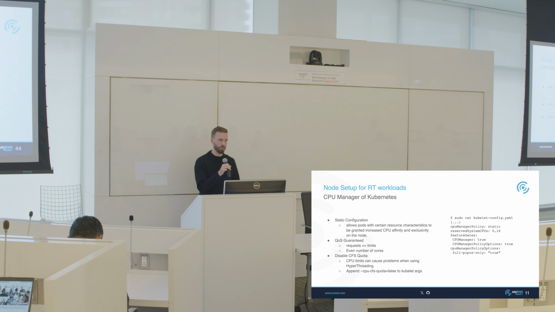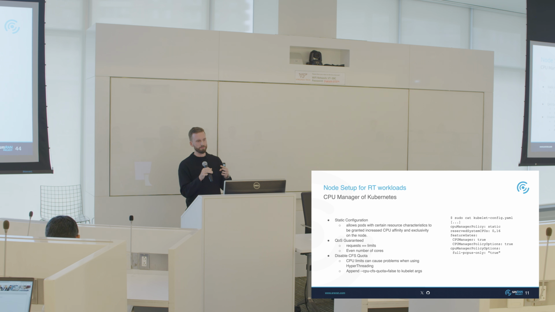And in order to get these exclusive cores, you have to use the QoS class Guaranteed, where you have to set requests and limits to an equal value. And you always have to choose an even number of cores due to the hyperthreading.